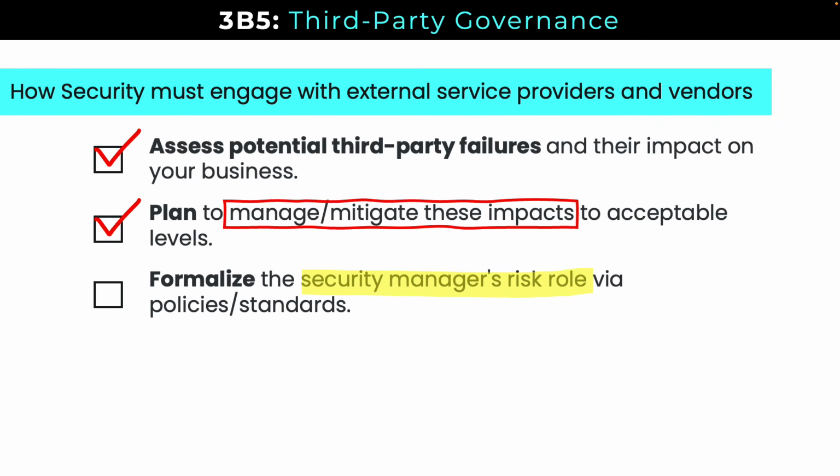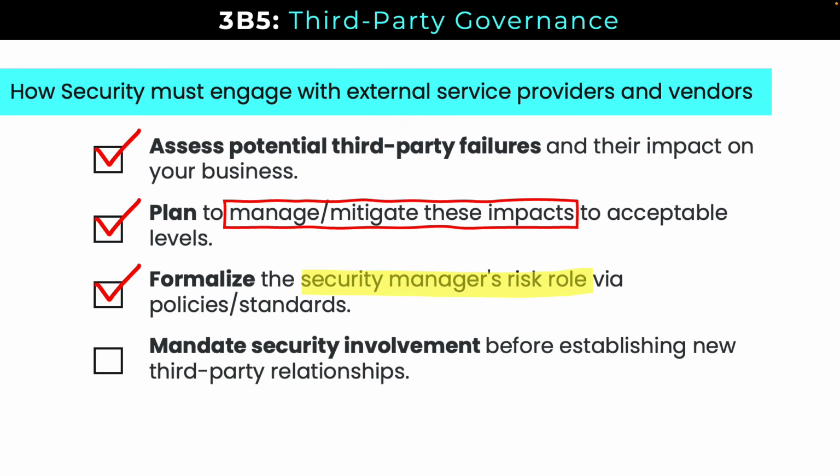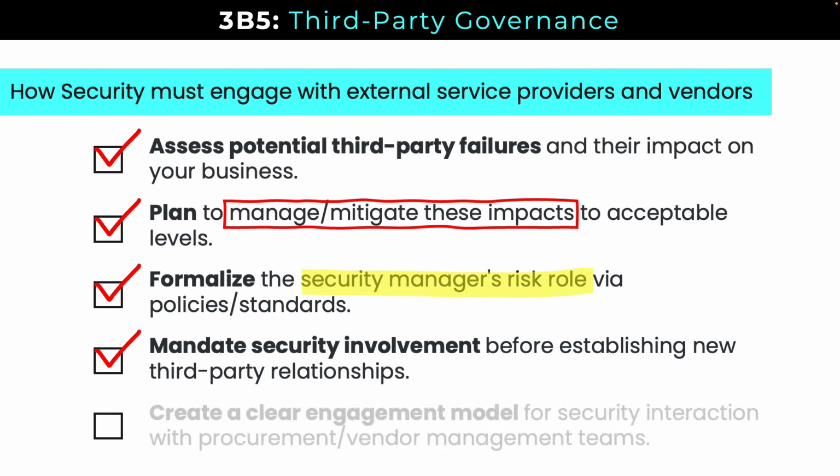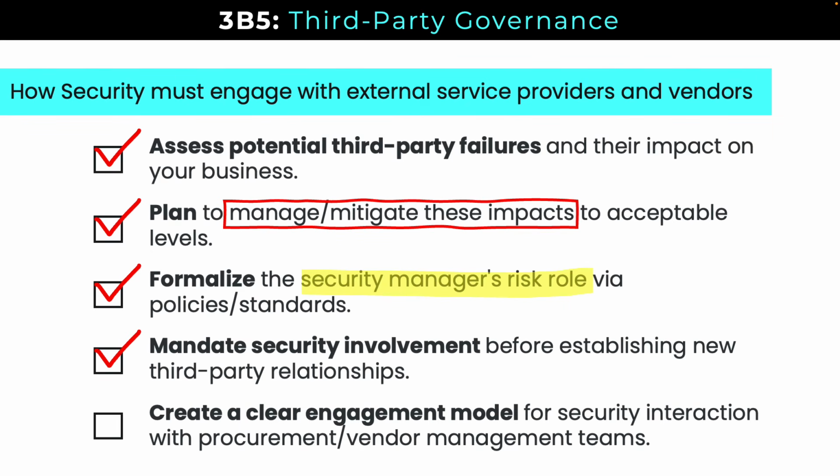We need to have a close relationship with a bridge between the organization and that service provider from a security perspective. Need to mandate security involvement before establishing new third-party relationships. So we have to assess the security posture of that vendor before we allow them to be onboarded formally as a vendor. And create a clear engagement model for security interaction with procurement and vendor management teams.